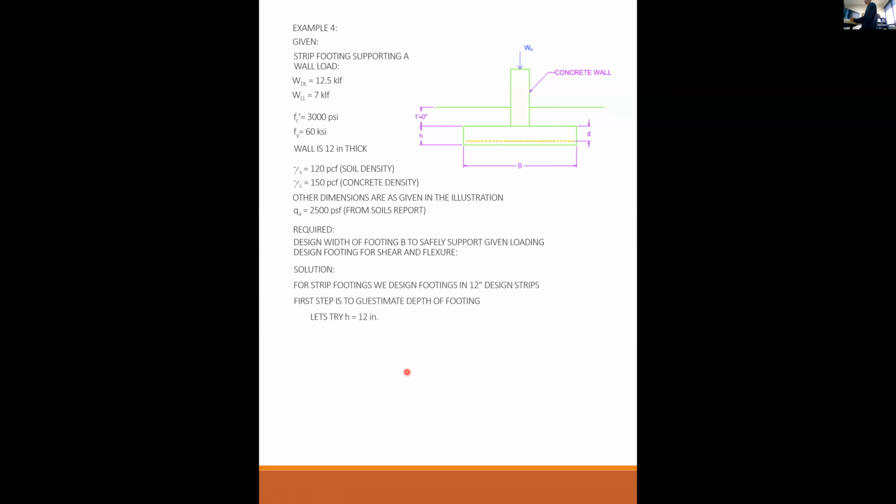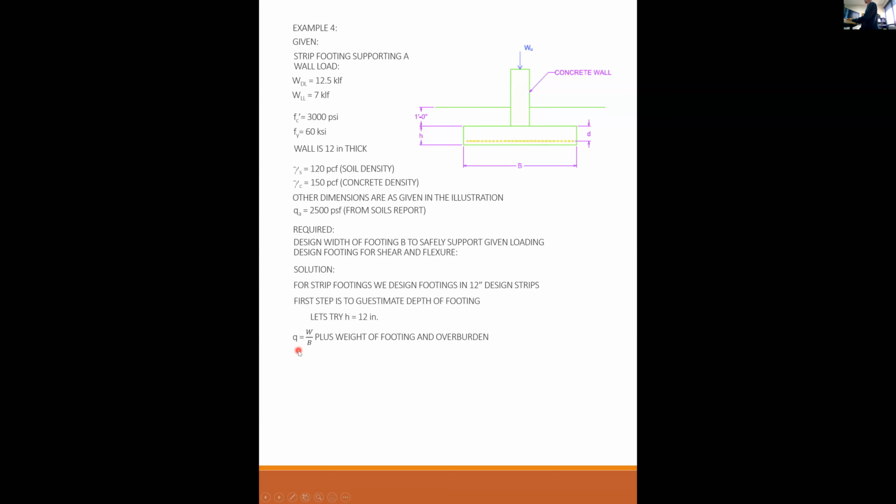It's just a guess. There are several overlapping variables in this, so there's really not a better way to do it. When I've done this in practice, I've designed real footings. This is how I do it. I just use experience and say, I don't know, 12 inches? All right, let's find out.